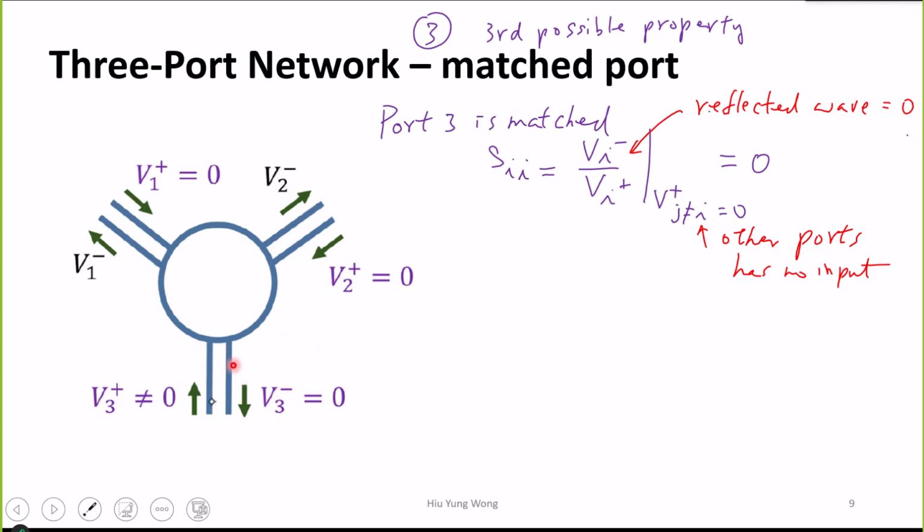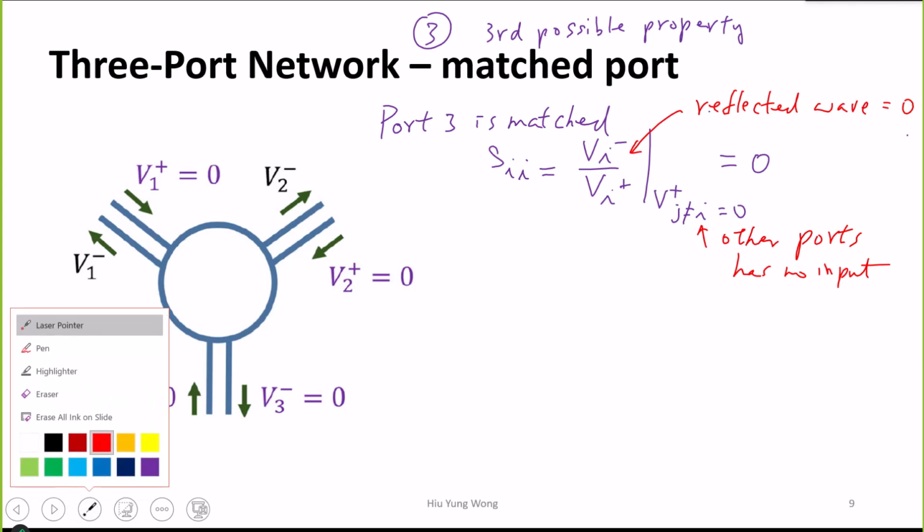Here we say port 3 is matched. First, we make sure that we don't bring any input to port 1 or port 2, and then when we shoot something into port 3, yes, it will go out to other ports, but you're not going to get any reflection. That's the meaning that it is matched.